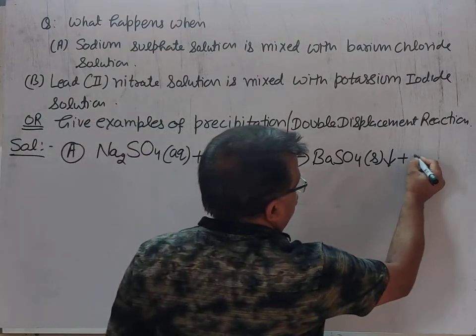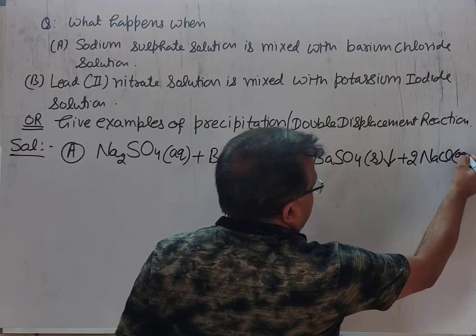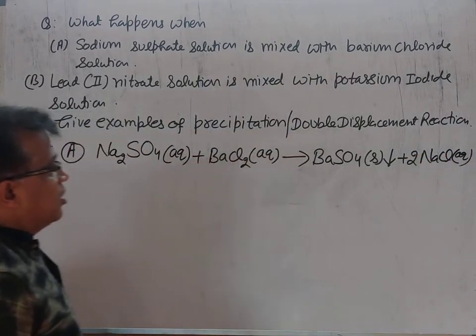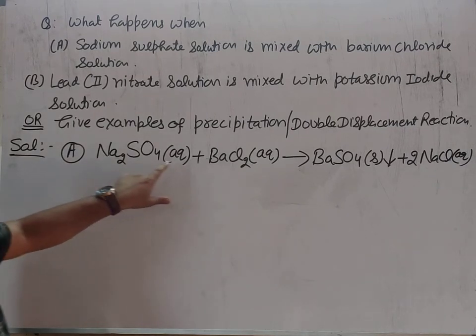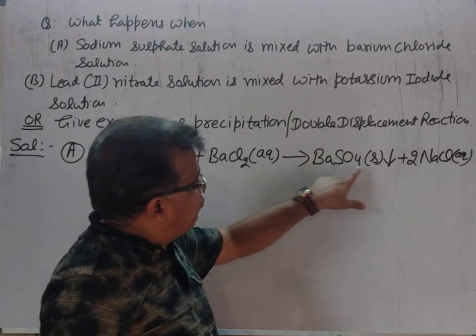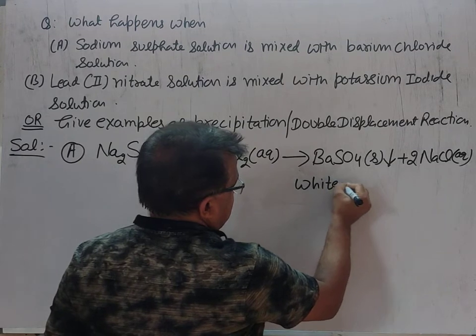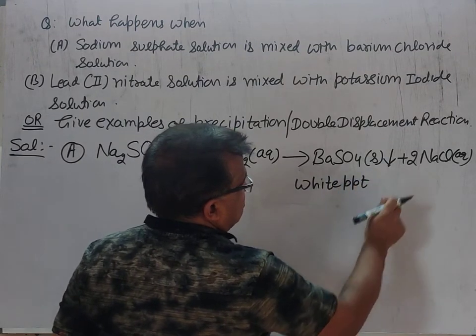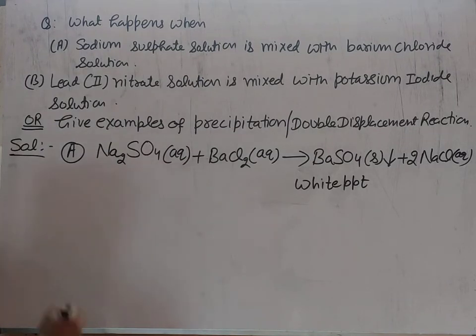So it is 2NaCl, which is an aqueous solution. So thus, sodium sulfate mixed with barium chloride gives a white PPT of barium sulfate, and an aqueous solution of sodium chloride is obtained.